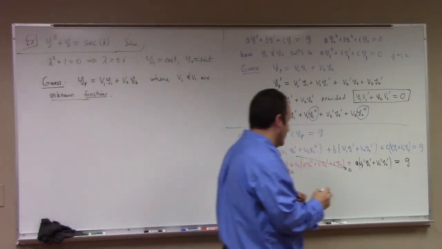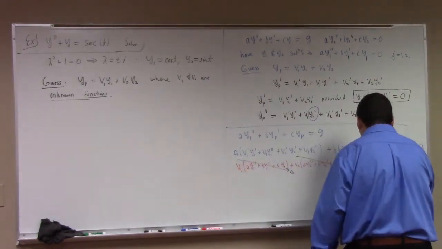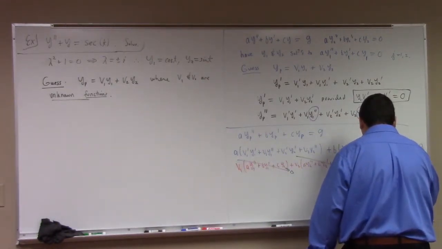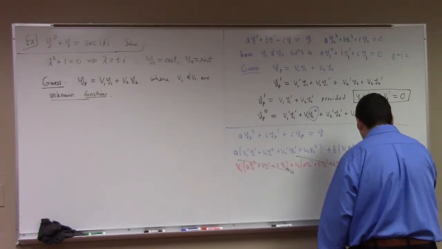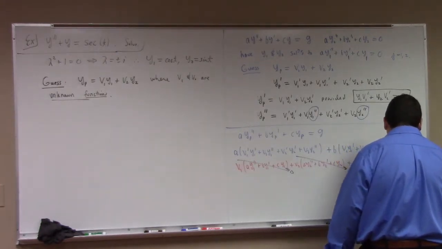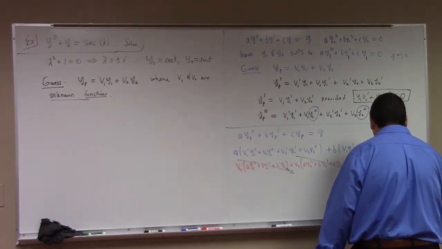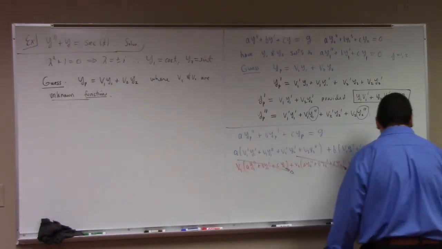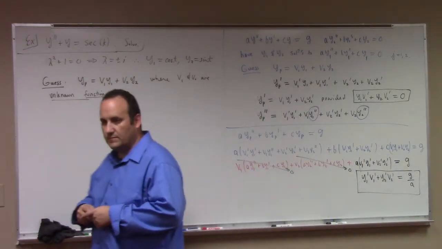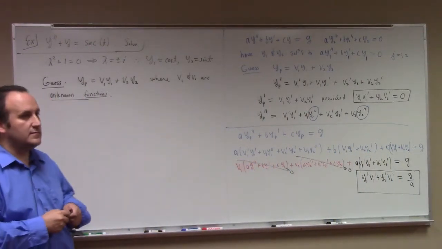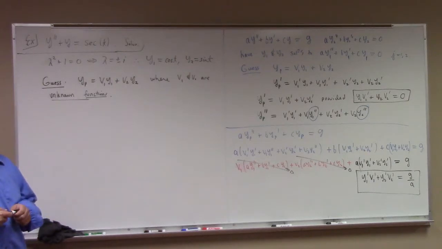And so, all right, what do we got then? We've got Y1 prime V1 prime plus Y2 prime V2 prime is equal to G over A. I'm going to put a box around that because the two boxed equations are really the heart of the matter. We just need to solve both of those boxed equations. What are my unknowns?